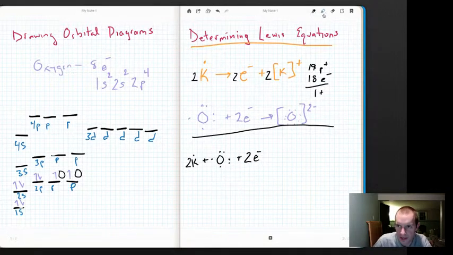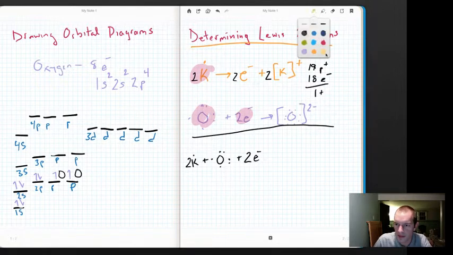Now what I've done is I've taken everything that's been on this side of the equation: the potassiums, the oxygen, and the electrons, because they were all on the left side of the equation. What we're going to continue to do is add them up.